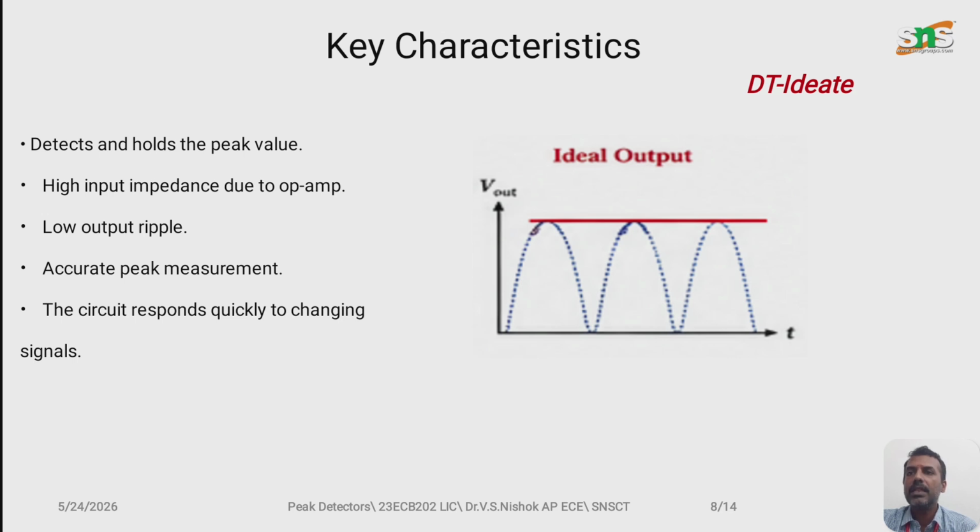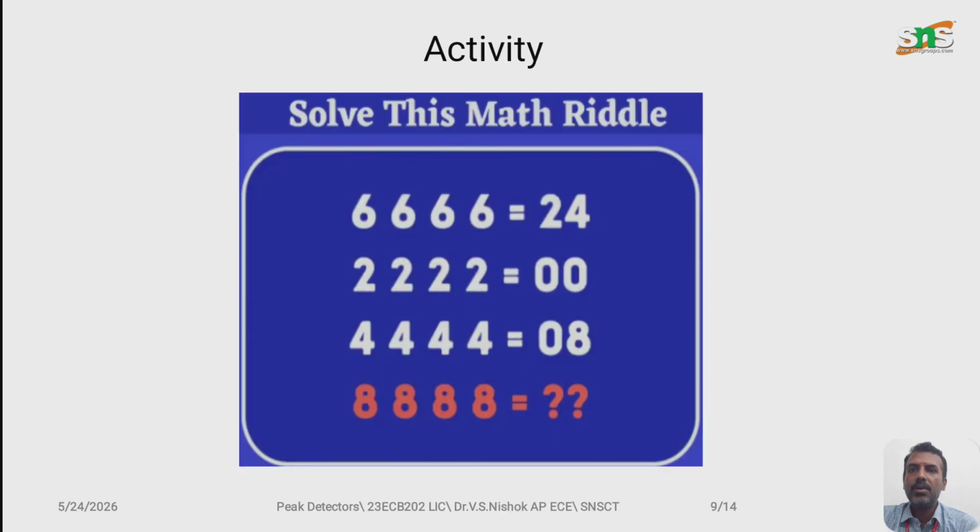Using the peak detector, accurate peak measurement is possible, which is mainly useful for instrumentation applications, and the circuit responds quickly to changing signals, which represents the fast response. So these are the key characteristics of the peak detector using operational amplifier circuit.